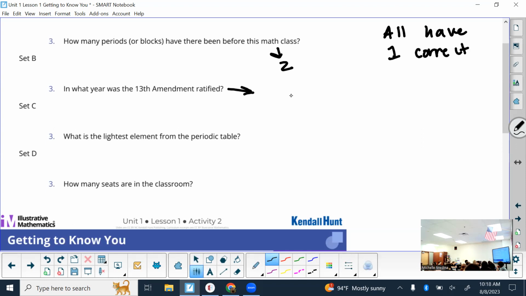I don't think that was it. Unless I'm wrong, but when I looked it up earlier, I got a different answer, because I had to look it up too. I don't know that off the top of my head. Did say you could Google it. All right, so anyone else look it up? What year was the 13th Amendment ratified?